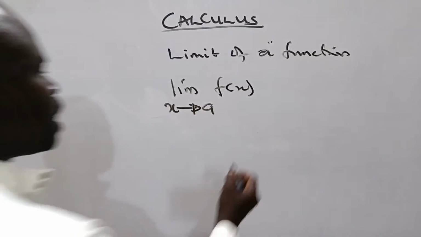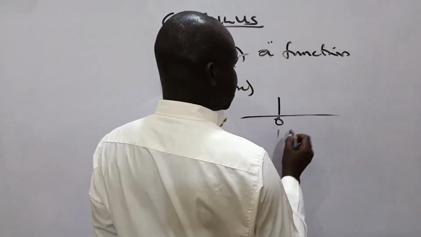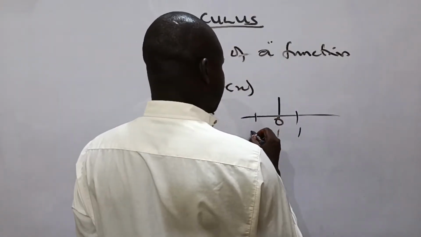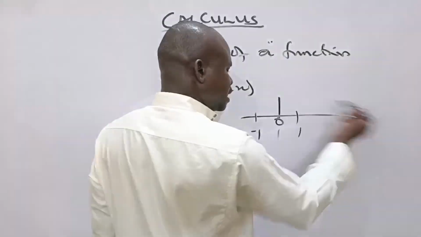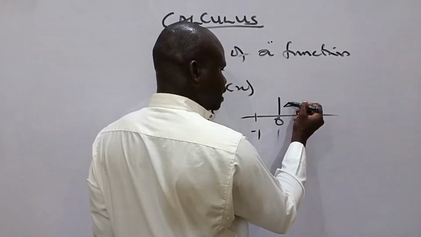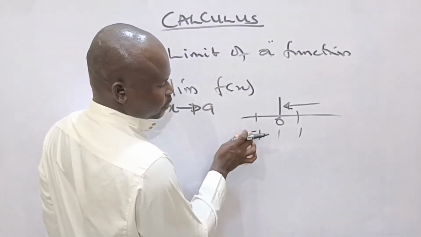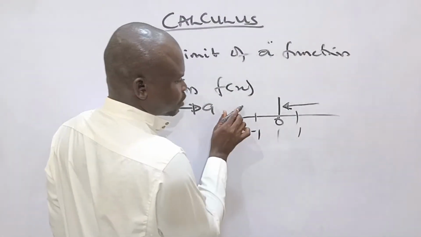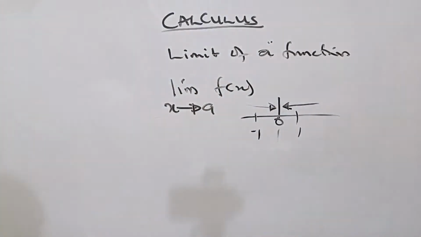For instance, on the number line, we have 0 at the center. We have 0, we have 1, we have -1. So numbers from the positive side can approach 0 from the right, while numbers from the negative values can approach 0 from the left. So it could be from either side.